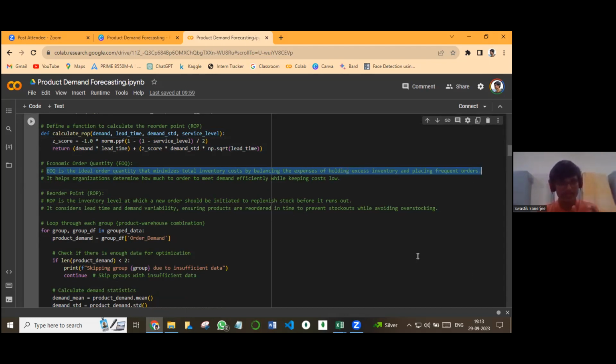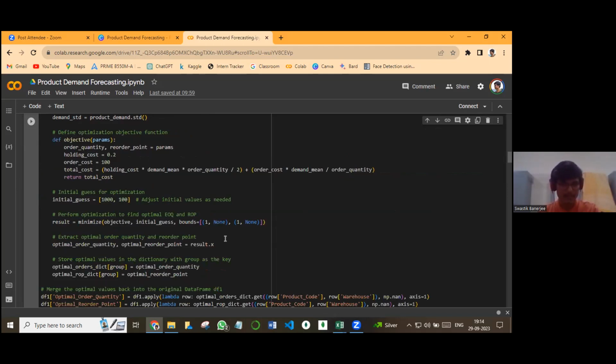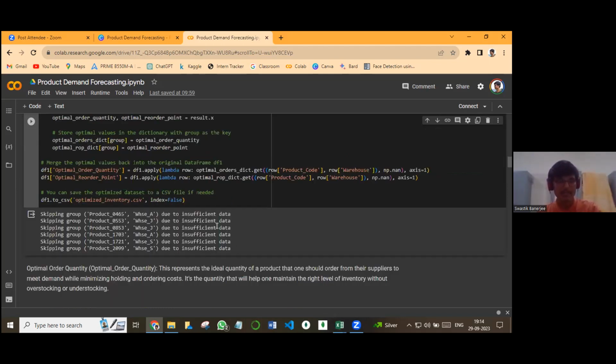We calculate the EOQ value for each of the records, and also the ROP, which is the reorder point for each of the records, which is nothing but the inventory level at which a new order should be initiated to replenish the stocks before it runs out. After the execution of this cell, we skipped 5 or 6 records because they don't have sufficient data to get optimized results.